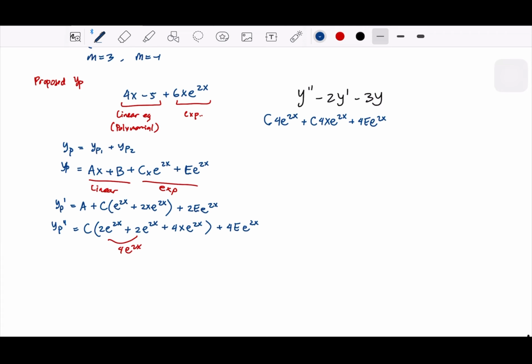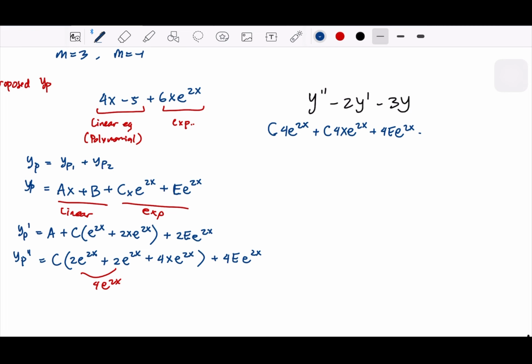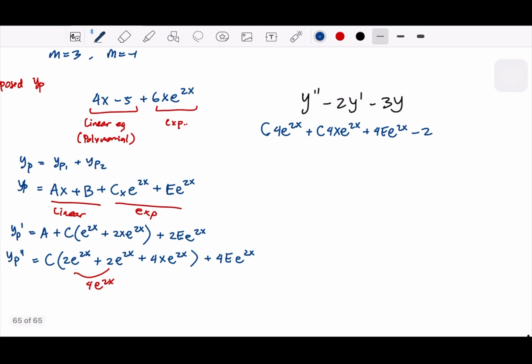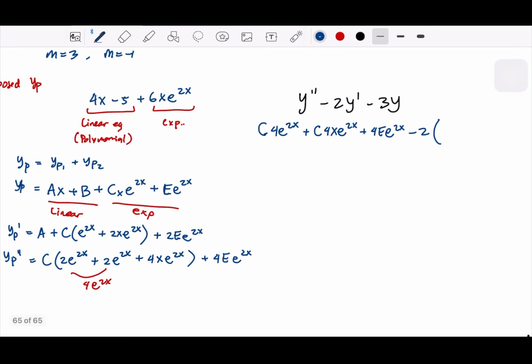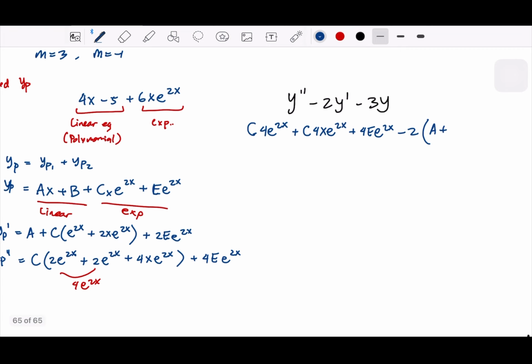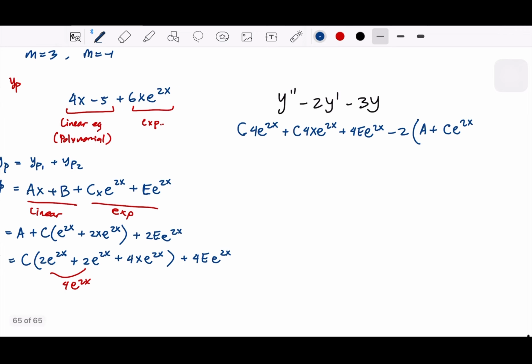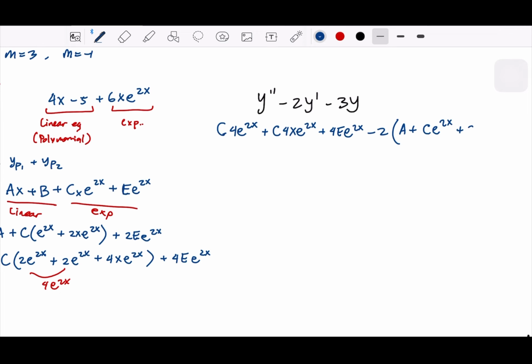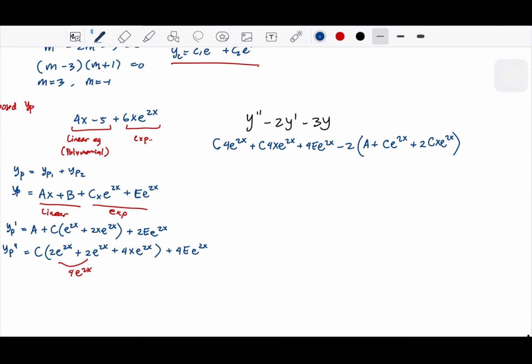Why it's really long, and then negative 2 and minus 3.